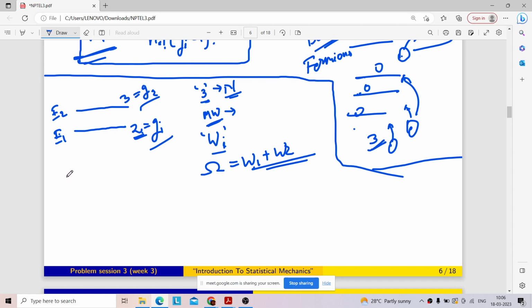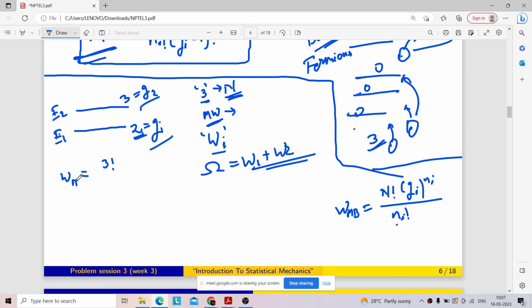So let's calculate W1 first, for Maxwell Boltzmann. Let me write the formula here: N factorial, Gi to the power ni, divided by ni factorial. This is for Maxwell Boltzmann. So we have N equal to 3, so 3 factorial.